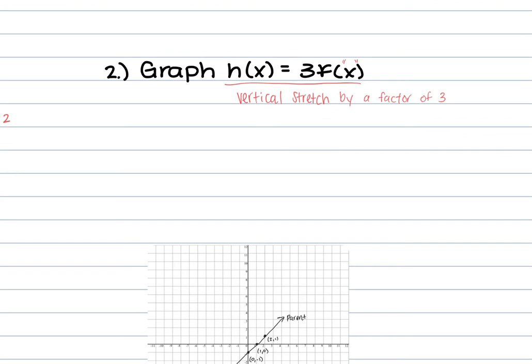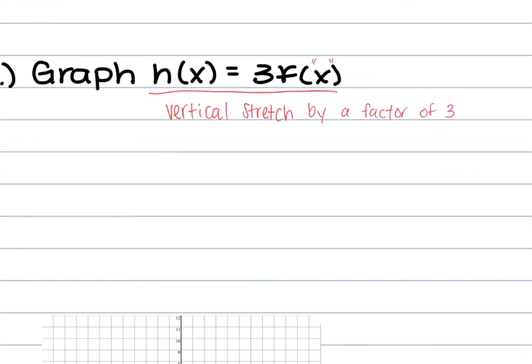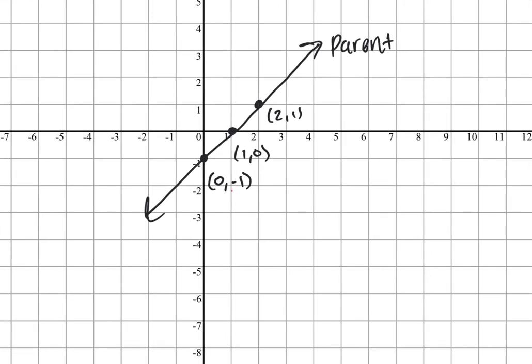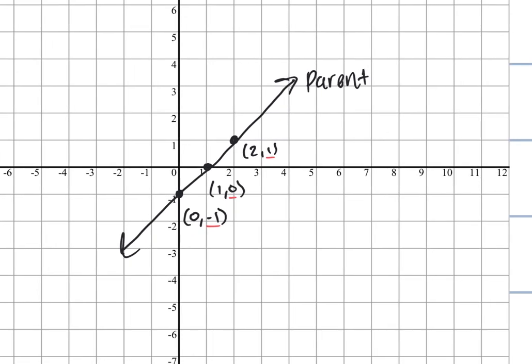So our graph, if we're stretching it vertically by a factor of 3, we're going to multiply all of our y values by 3. So underline all your y values, -1, 0, and 1. And multiply them by 3. So 2, 1 becomes 2, comma 3. 1, comma 0 becomes 1, comma 0.